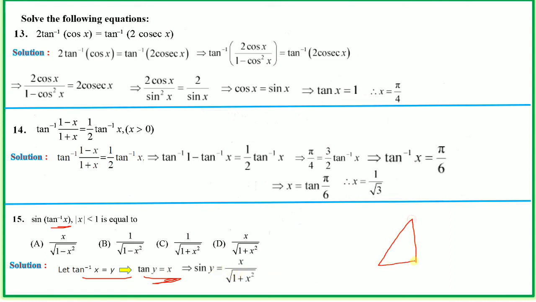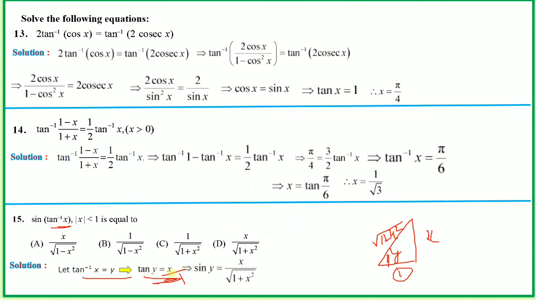just concentrate here, tan y, this angle is y, and this can be written as x upon 1, so tan y is equal to perpendicular upon base. So hypotenuse should be, by Pythagoras theorem, square of 1 is 1 plus square of x is x square, so under root 1 plus x square.